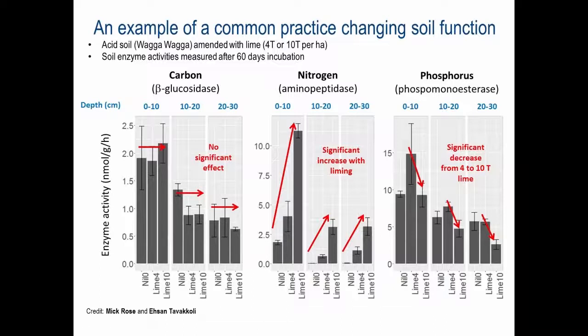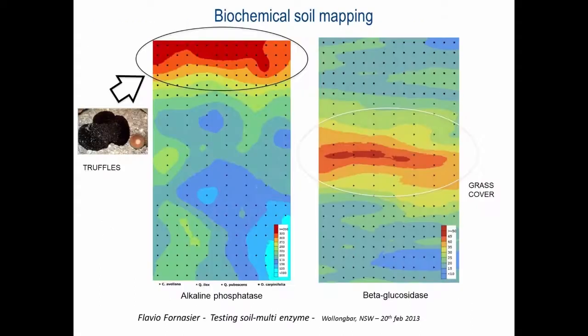An example of enzymes being used to unravel some pretty basic soil functions. Here I've got some work from Dr. Flavio Fornazio, who was here a couple of years ago, and he was looking at enzyme activities and how they related to truffle production, for example.